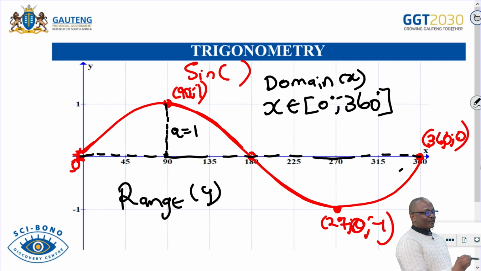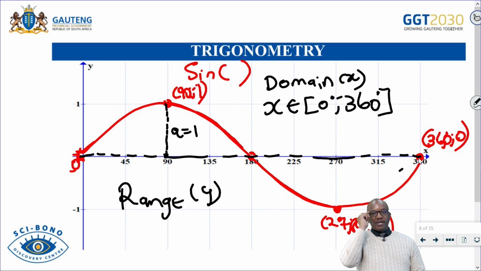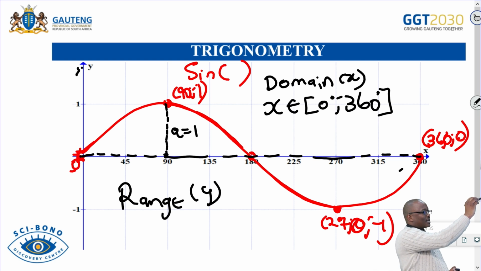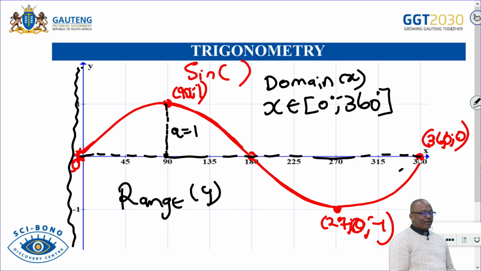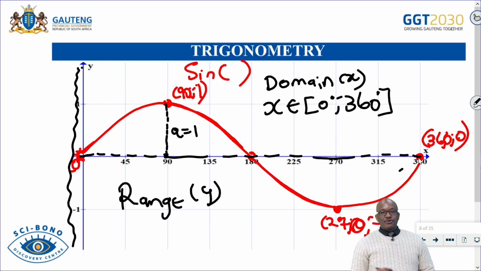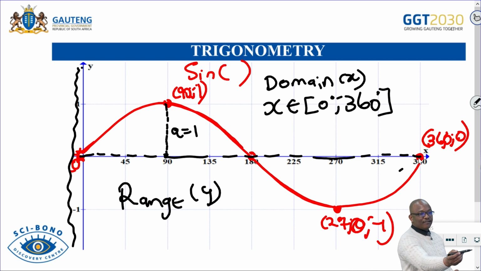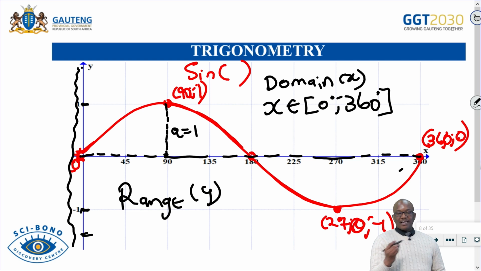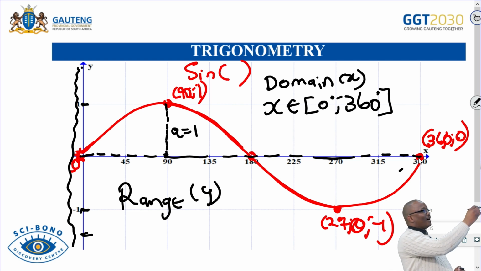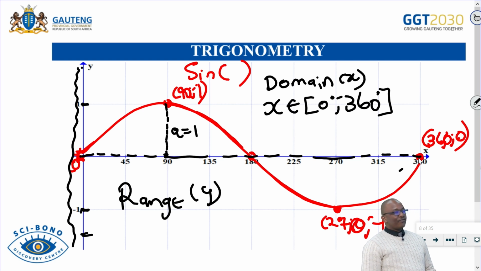Then when we have the range, we're talking about y values, where the graph is defined on the y value. So the y values are this line here. You can see that the graph is only defined from -1 up until +1. Below -1, the graph is not defined, and above +1, the graph is also not defined.